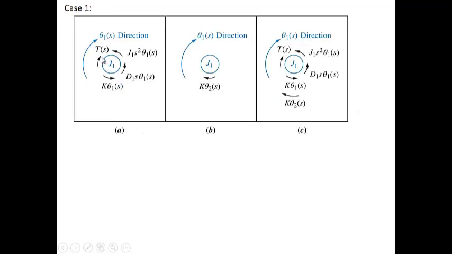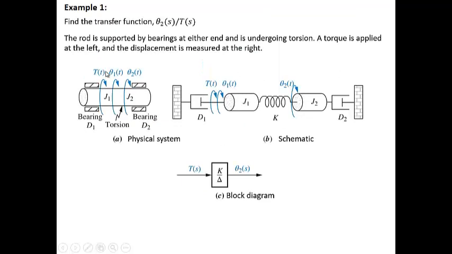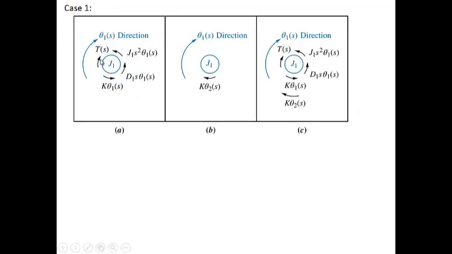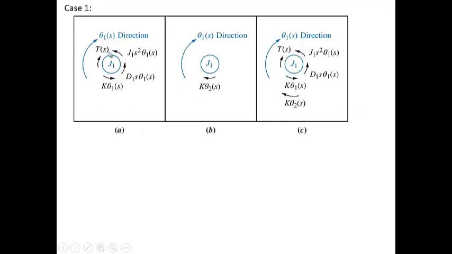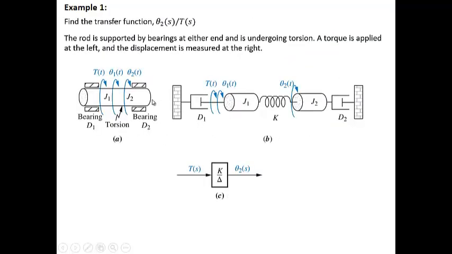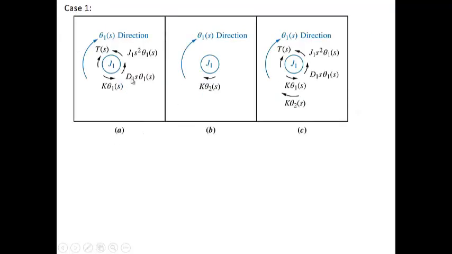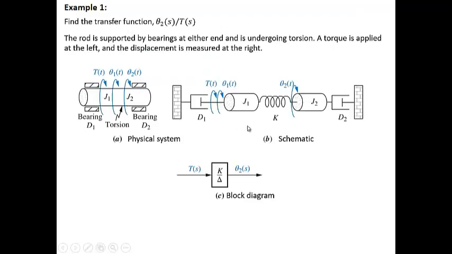So from here you have your Tt, your Ts, converted into the Laplace transform. So you have your J1 s squared theta 1 s, and also you have your damper here, which is your D1 s theta 1 s, and you have your spring, right?